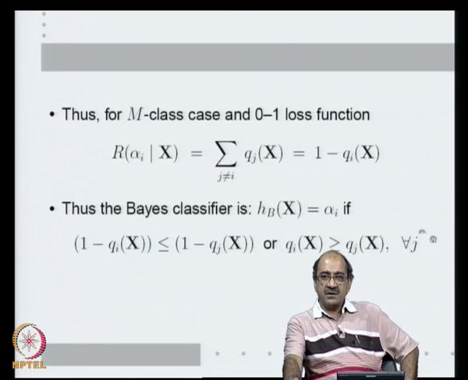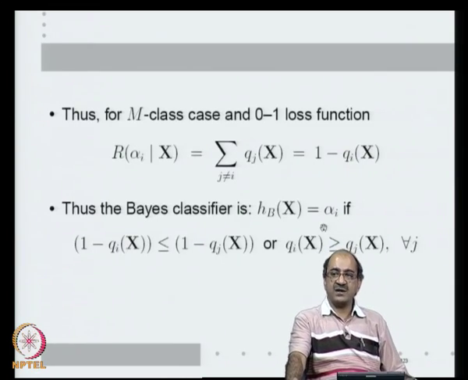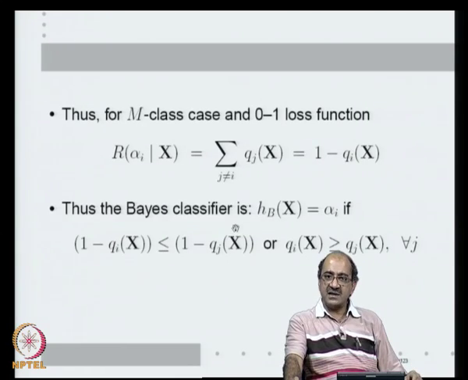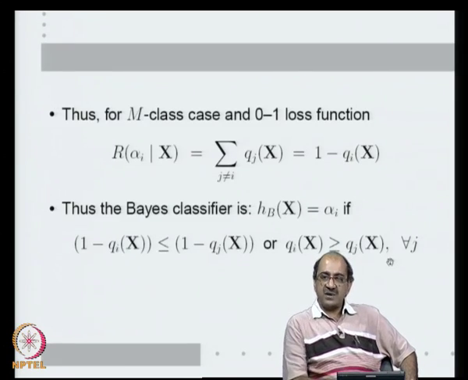Okay. So, this is very straightforward. We have seen that in 2 class, that is what we have been doing. If you have a 0-1 loss function, you ask whichever class has the higher posterior probability, and put it there. So, even for the m class case, if we use a 0-1 loss function, what our general optimal Bayes classifier tells us is that we have to assign x to the class with highest posterior probability.